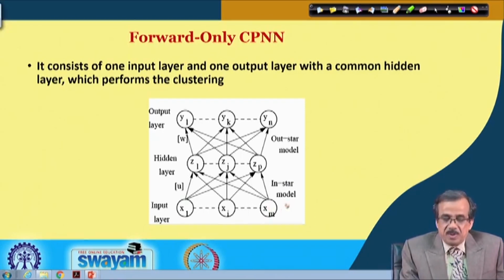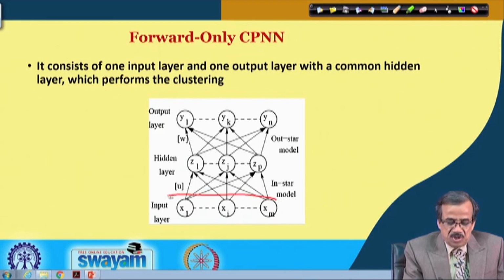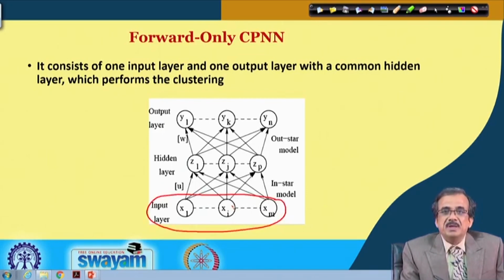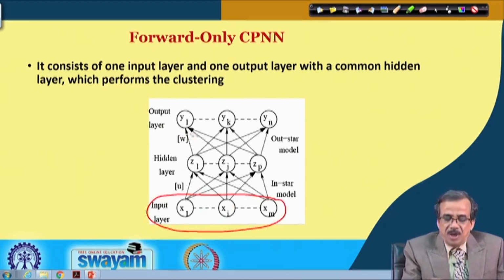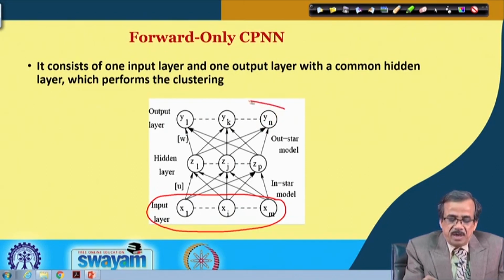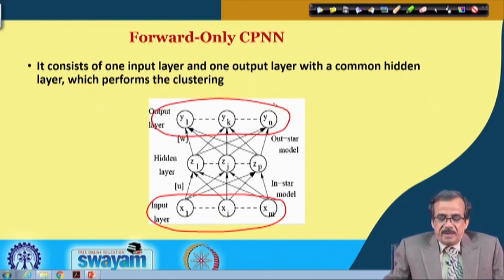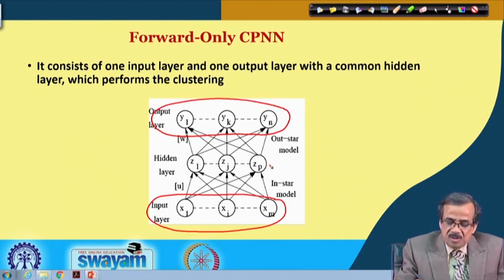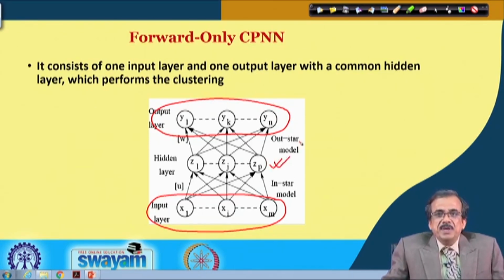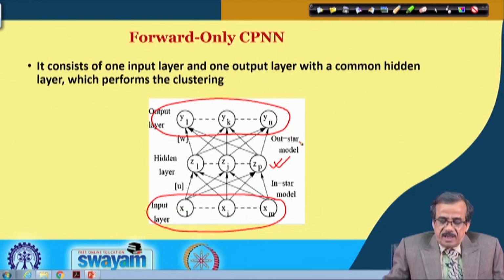We have one input layer consisting of m neurons, x1, xi up to xm, and we have n neurons on the output layer, y1, yk and yn, and this is the hidden layer having p neurons.